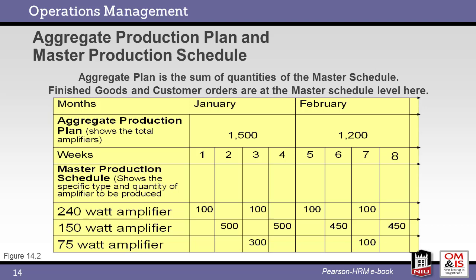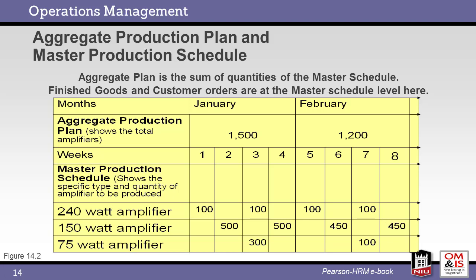Here's an example showing an aggregate plan and how it relates to the master production schedule. The aggregate plan calls for a total of 1,500 amplifiers in January and 1,200 needed in February. The master production schedule takes the aggregate plan and breaks it down into specific products and weeks. For January in week 1, we are building a quantity of 100 240 watt amplifiers.